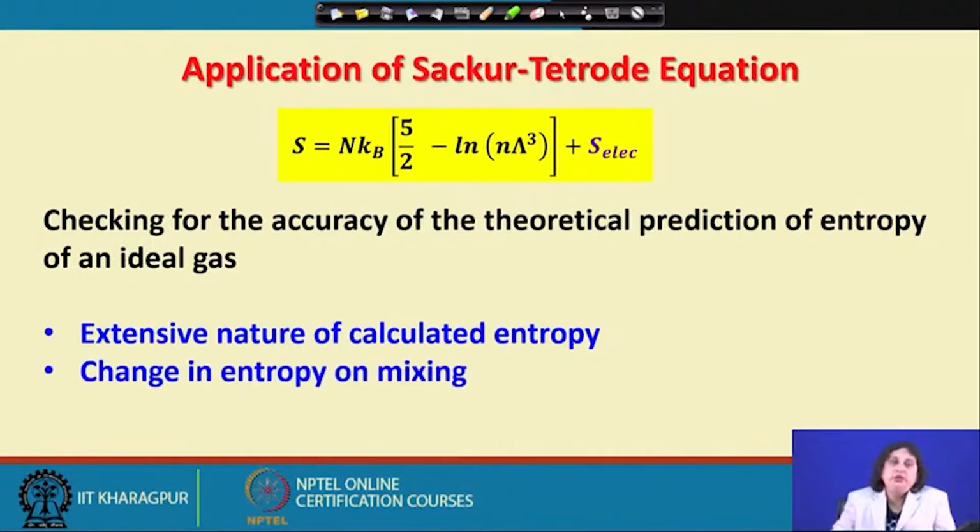We are also going to check if the current formalism given in terms of the Sackur-Tetrode equation can correctly predict what would happen when I mix two ideal gases irreversibly or reversibly.